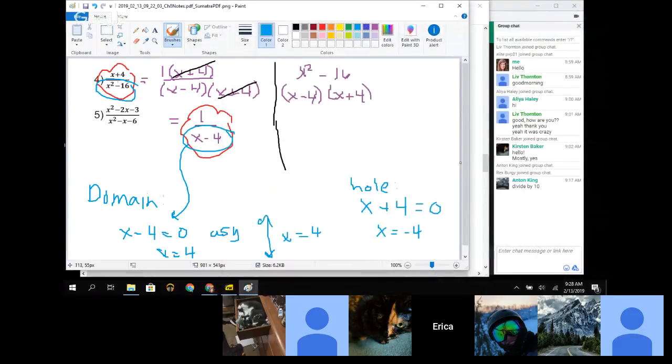So remember, when the order of the denominator is bigger than the order of the numerator, then you get an asymptote at y equals 0. Okay, is this making sense? Sorta, kinda.